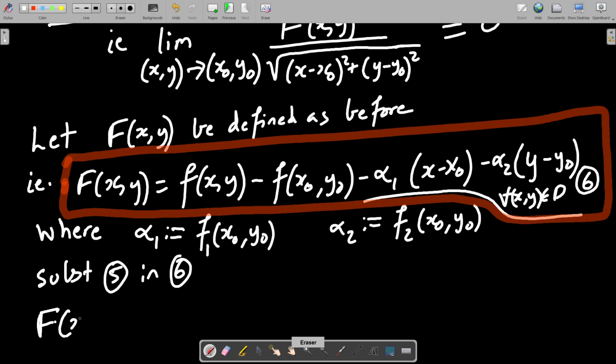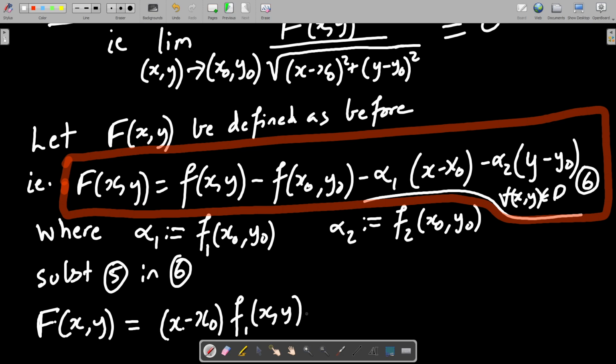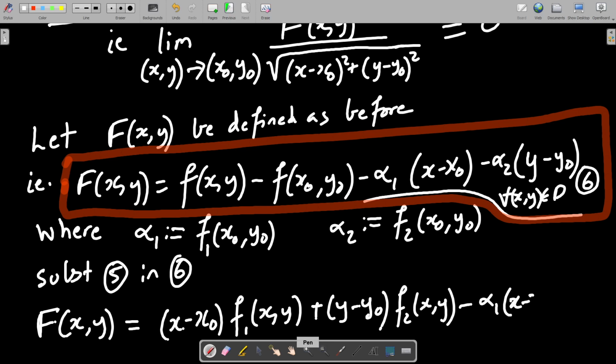We'll be left with φ(x,y) equal to that expression there, this is alpha 2 times (y minus y0).